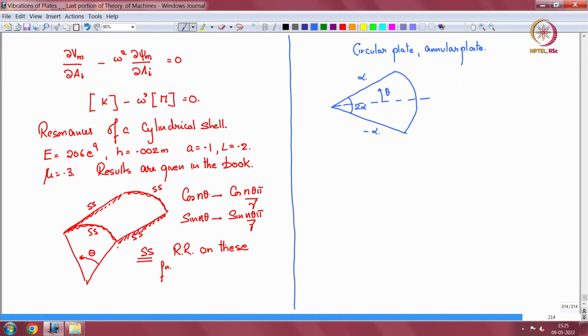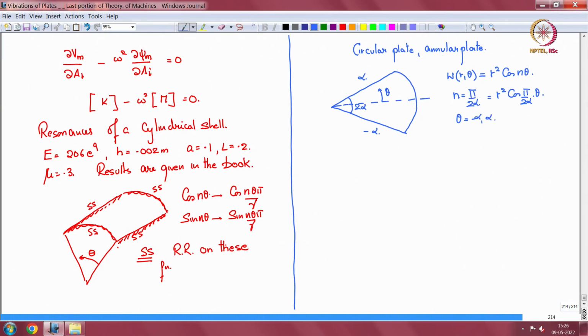Okay. So if you did this, suppose r square cos n theta, and n was your pi by 2 alpha. That means this is equal to r square cos theta, with theta from minus alpha to alpha.